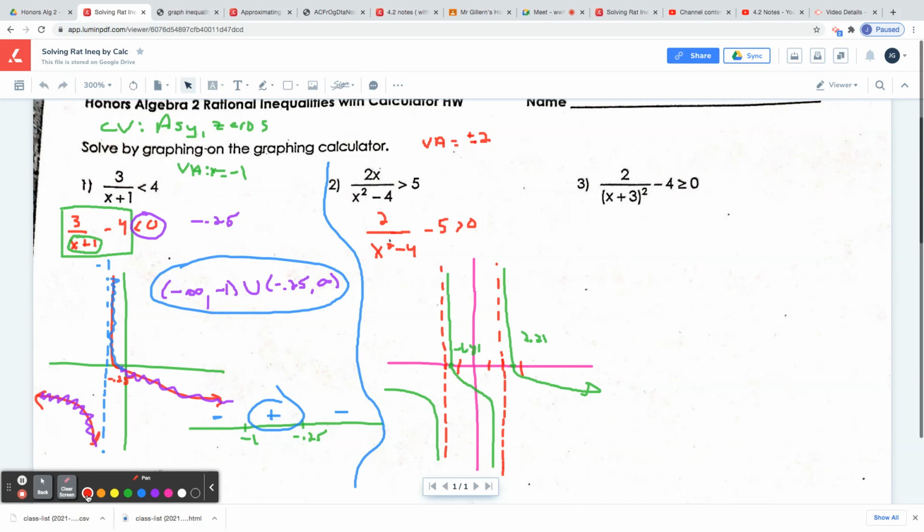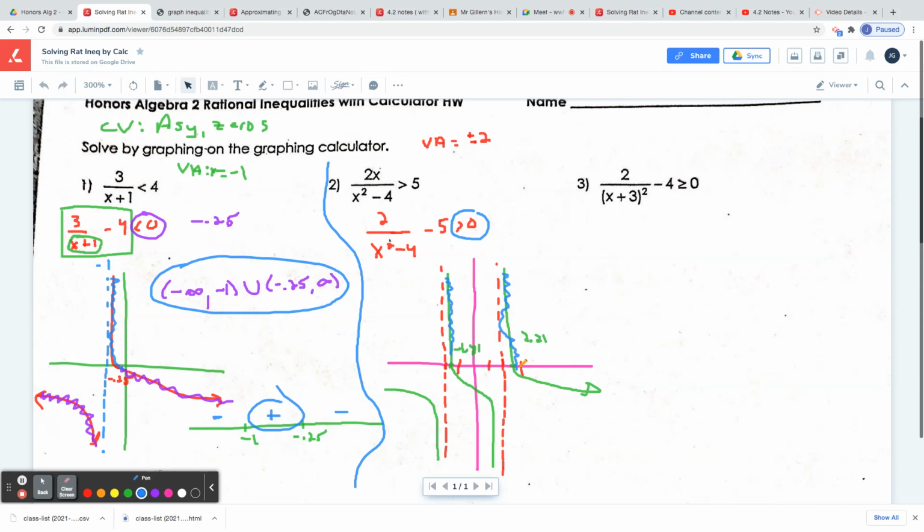All right. So remember, the important points you need are asymptotes and zeros. Everyone understand that? Those represent our critical values of what we did yesterday. So now we just have to look at where the graph, in this case, is greater than 0. That is, where is it above the x-axis? I look, it's above here, there.